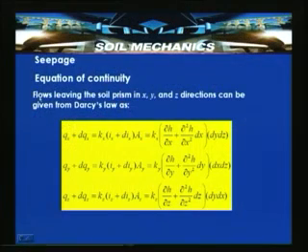So, the equation of continuity can be derived based on the flows leaving the soil prism in the x, y, z directions, which can be written as qx plus dqx, where dqx is the small flow change occurring when the flow enters and leaves the soil prism.